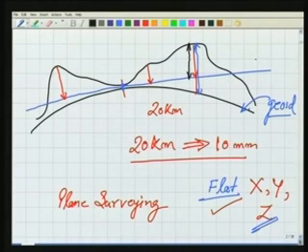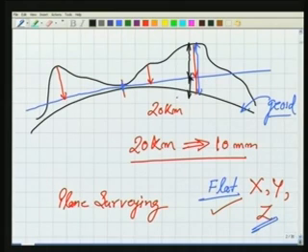Here you will see that the amount of error is this much, this separation, between the blue line, the geoidal height from the geoid, and the black one, the height from the horizontal surface. So there is a certain amount of error.